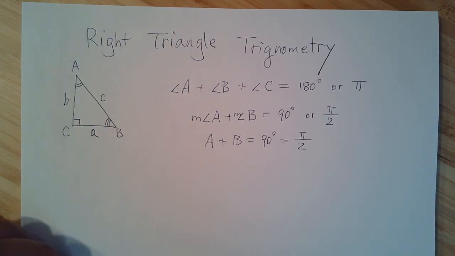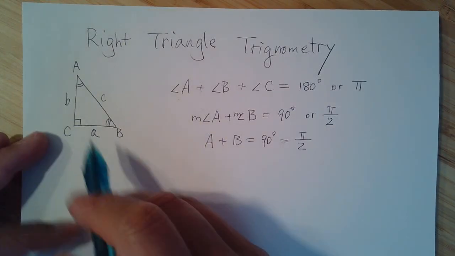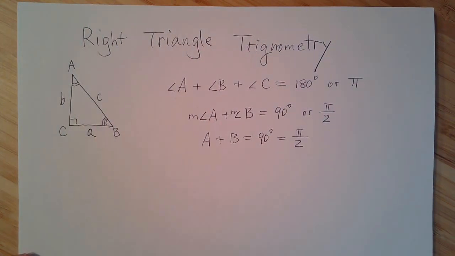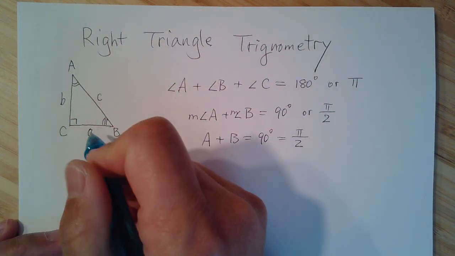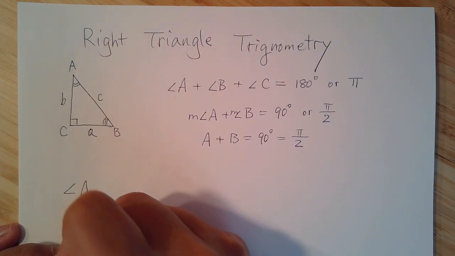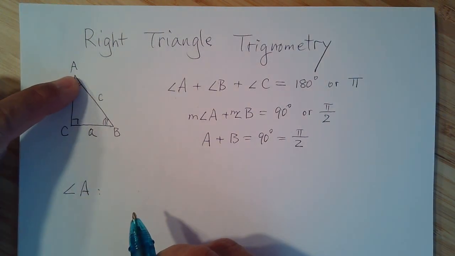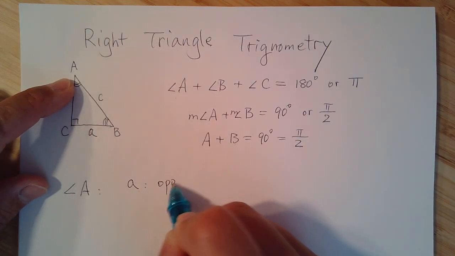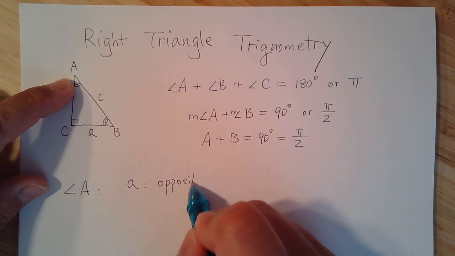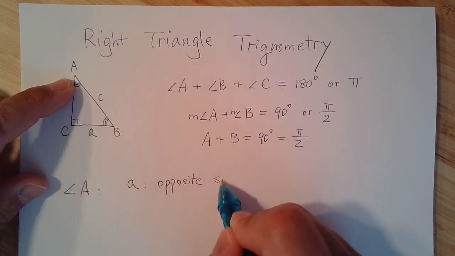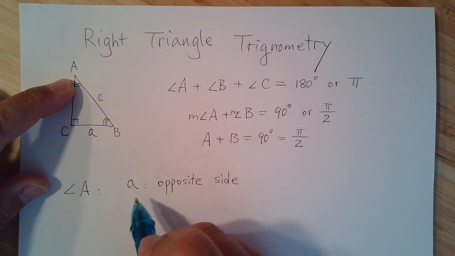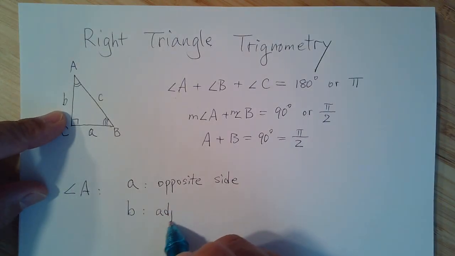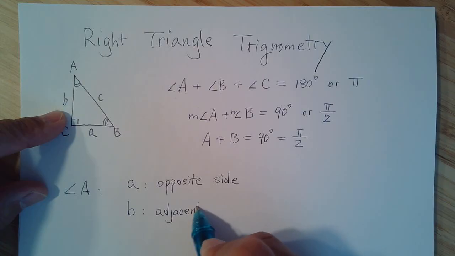All right, now we are going to use angle A as the example to introduce this trigonometry. For this angle A, this little a, we call that the opposite side. And this little b, we call this the adjacent side.